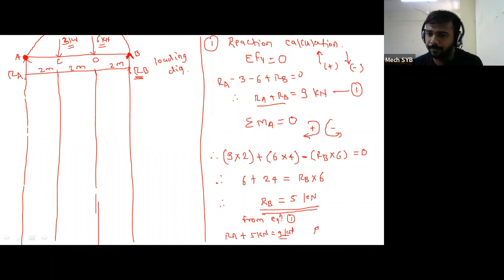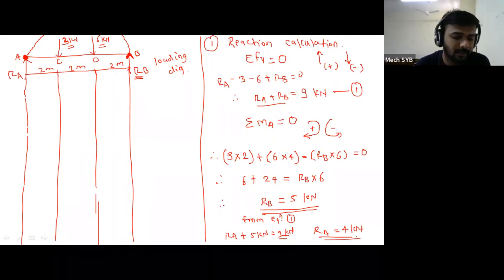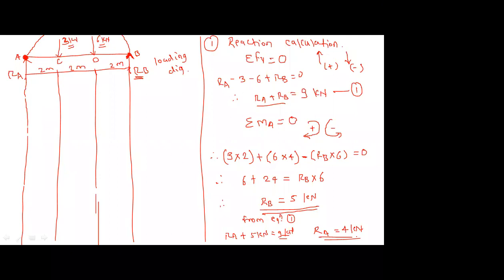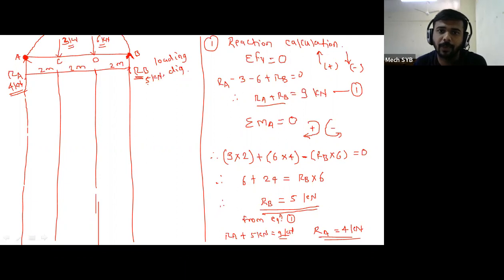Therefore RA is equal to 4 kilonewton. आता दोन्ही व्हॅल्यू आपल्या पॉझिटिव्ह आल्यात. Yes, sir. बोथ आन्सर्स आर पॉझिटिव्ह आणि आपले दोन्ही रिएक्शन वरच्या बाजूला चाललेत. सो राईट डाऊन दॅट रिएक्शन हिअर, RA इज इक्वल टू 4 किलोन्यूटन अँड RB इज इक्वल टू 5 किलोन्यूटन.